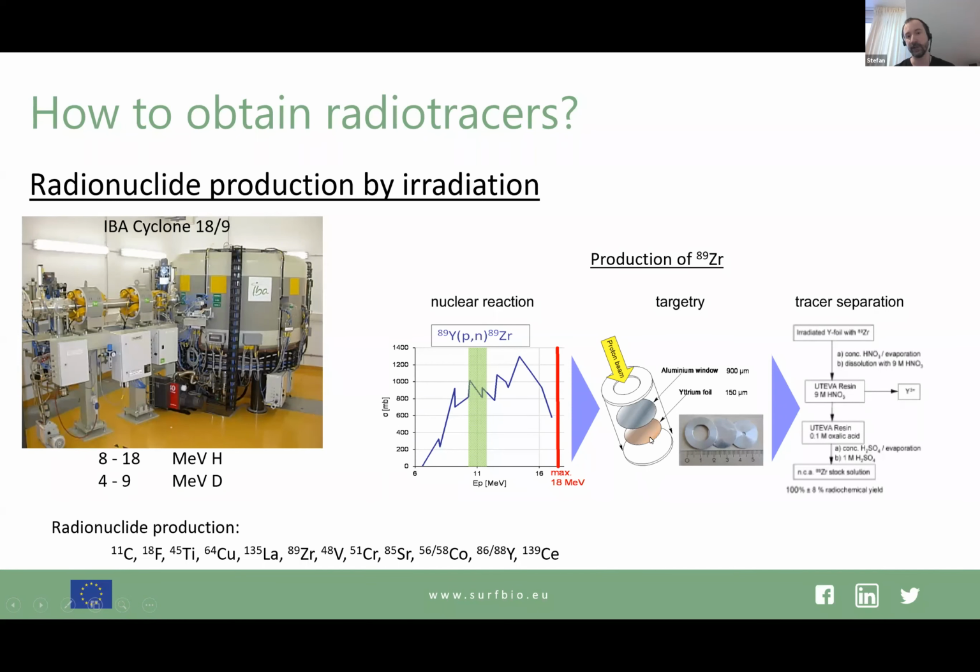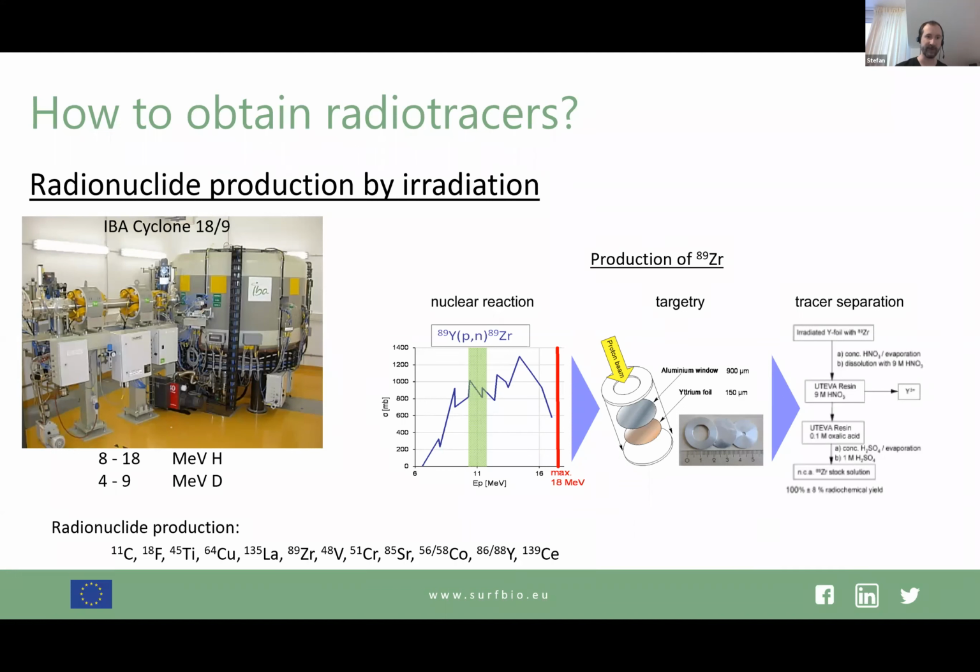So it's a metal foil, and this gets irradiated, and then afterwards we have to, of course, go through a tracer separation. We have the foil that will get dissolved, and then we use a special ion chromatography resin to isolate our zirconium-89, and that we can then use in our radiolabelling studies.